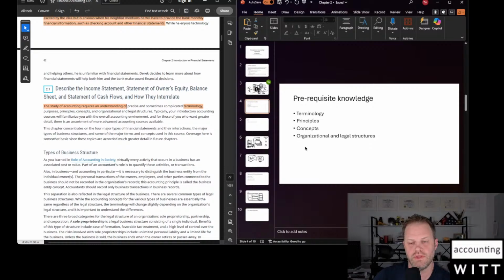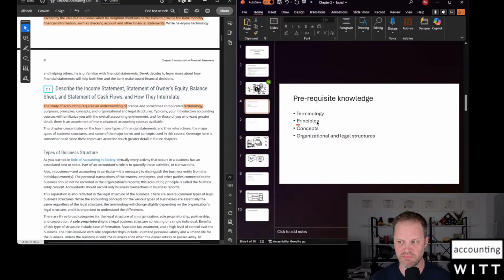So let's keep track and call out as we're going through this. Here's the list of terminology you've got to know. Here are the principles. Terminology is easy to identify because it's lingo. What's a word and what does it mean?